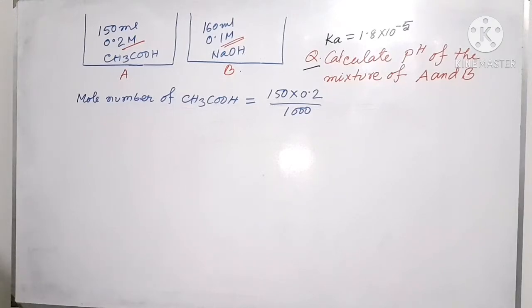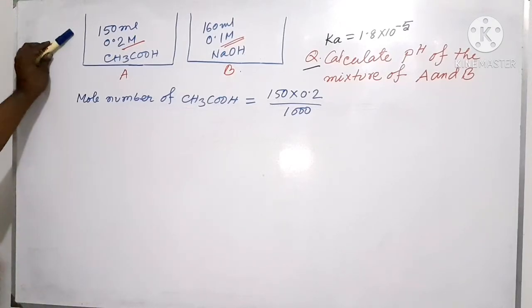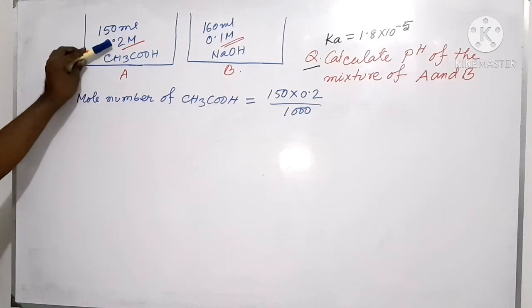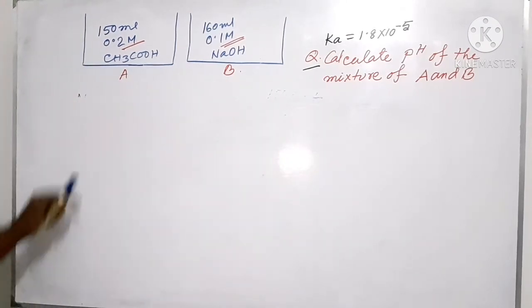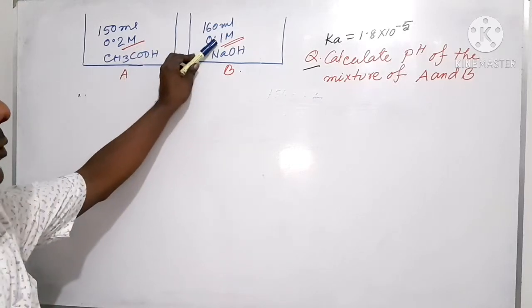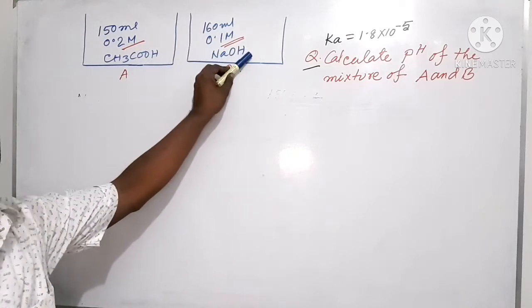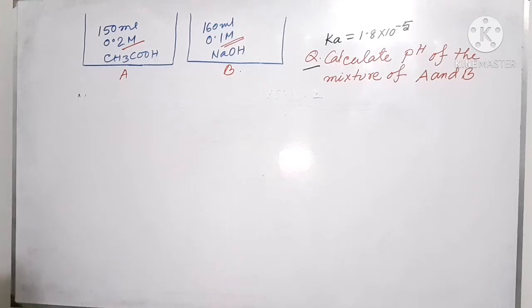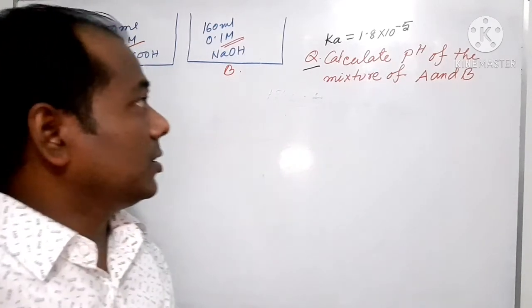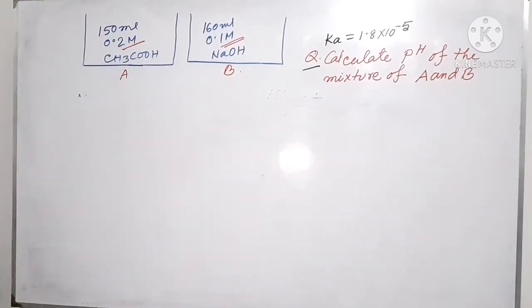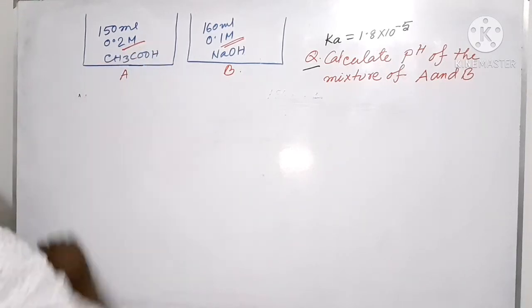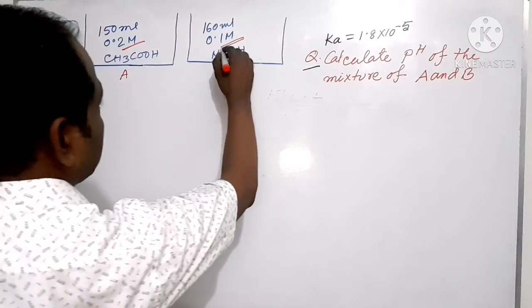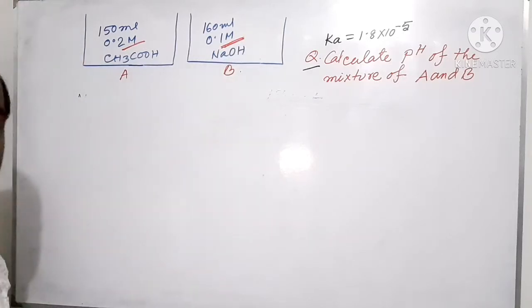Dear students, our next mathematical problem: here given 150 ml 0.2 molar acetic acid and 160 ml 0.1 molar sodium hydroxide. Our question is, calculate the pH of the mixture of A and B. Here we see that the concentration of acetic acid and the concentration of sodium hydroxide are different.